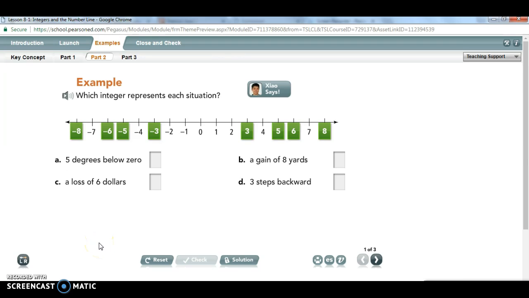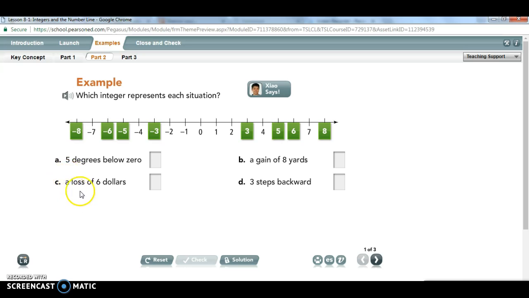You guys are actually going to answer these questions in our part 2 example, but I'm just going to give you some words of advice before you begin. Below 0. Here's 0, you want the numbers below it. A loss of $6. You're losing money.